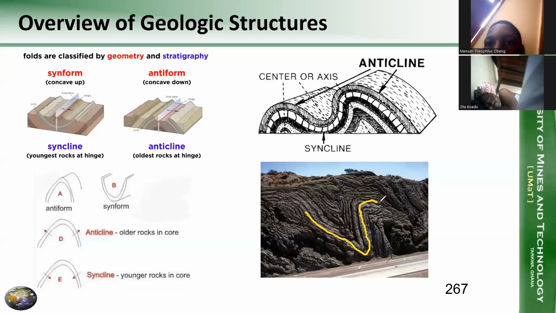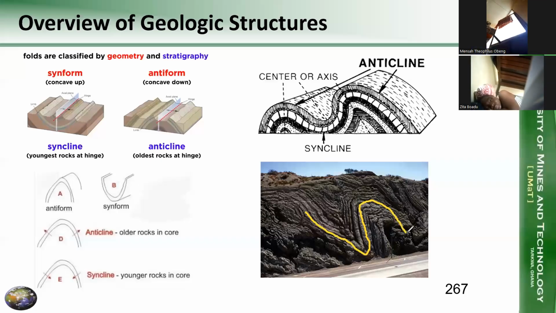Then the sort of N shape, going down, is an antiform. Then I have a synform again. We can also, synonymously, say an anticline or a syncline. So this is a syncline, and an anticline.